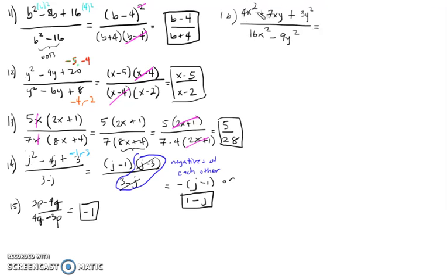In the numerator, let us check if it is a perfect square trinomial. If I get the square representation of this, I'll have 2x raised to 2. In this one I have 3. Do I have 3 here?